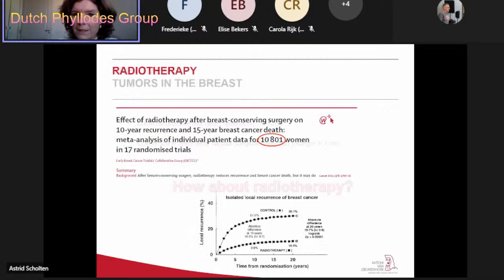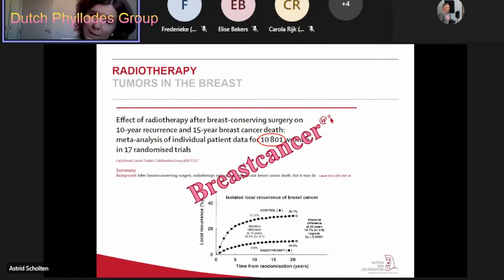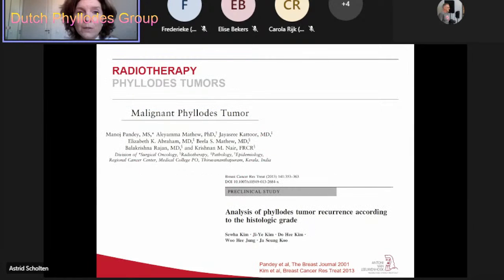When we look at publications about radiotherapy in breast cancer, you see that there are very large trials done, over 10,000 women, but these are all about breast cancer. When you look at publications about Phyllodes tumors, it's about 37 patients, 48 patients, so quite limited.